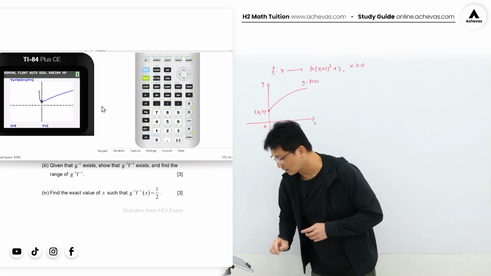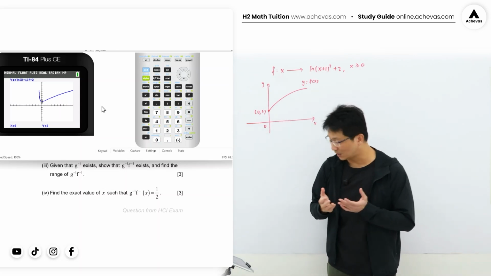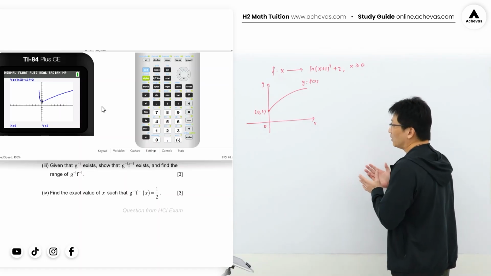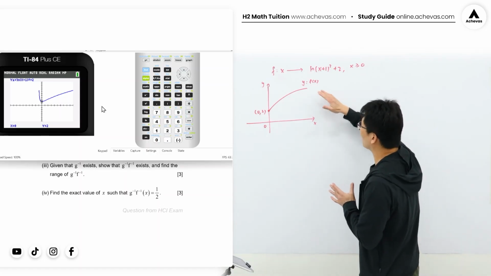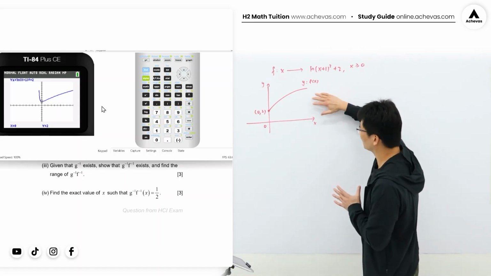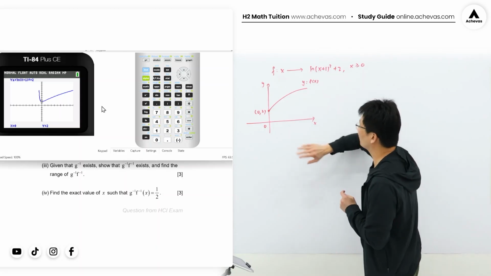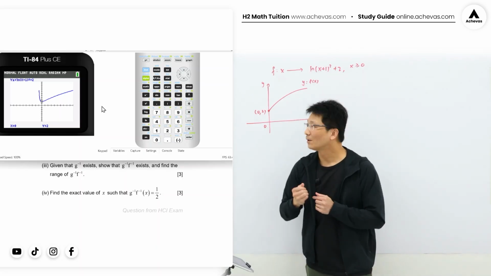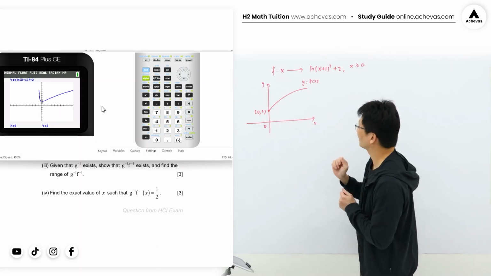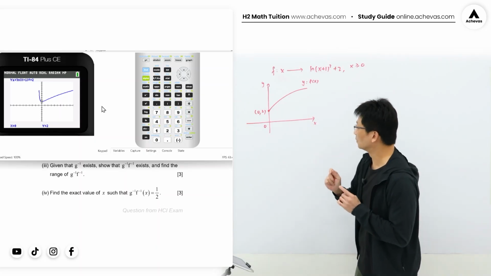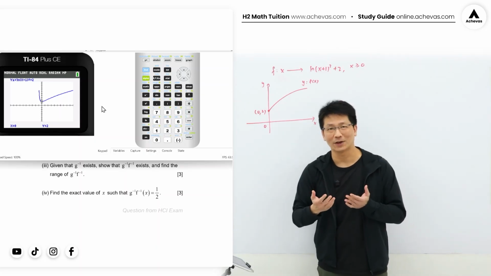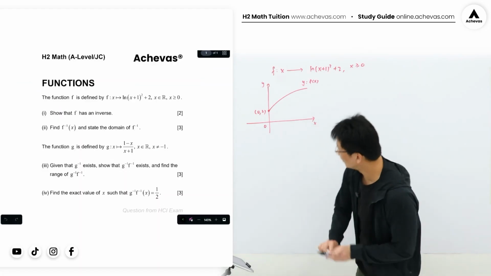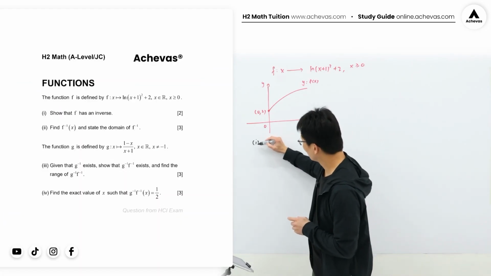We can see that if we were to draw a horizontal line across this, y equal to k, for k in the range of f, it will only cut the graph at only one point for every single value of x greater or equal to 0. So therefore, it's actually a one-to-one function, and therefore the inverse function will exist. I'm going to write down the presentation like this.